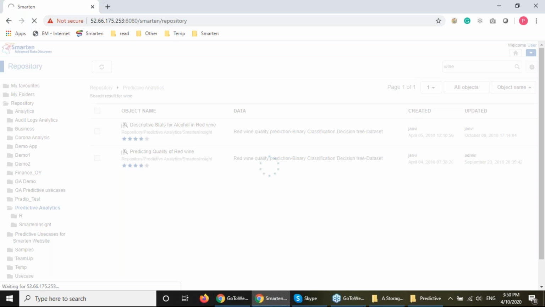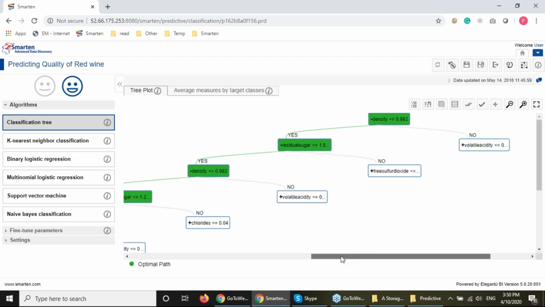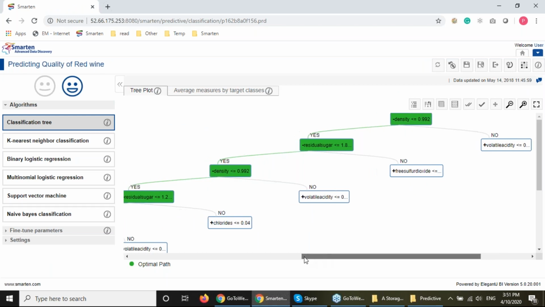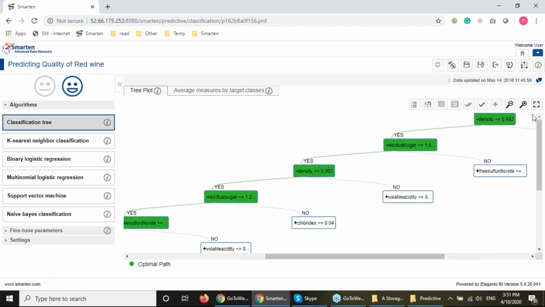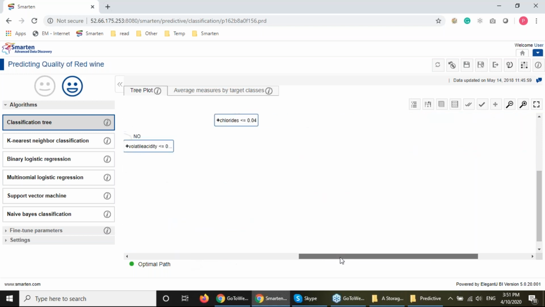Based on that, I want to find out whether the quality of that wine would be high or low. So in this example, it should automatically find out the optimal path, where it shows that if your parameters are kept within this limit, there are higher chances of wine being of high quality. If not, you can also explore visually here.